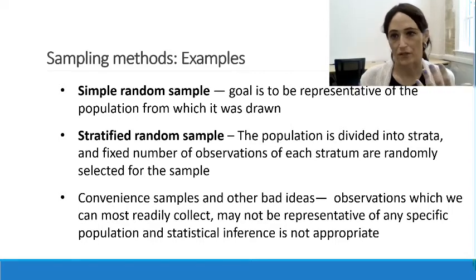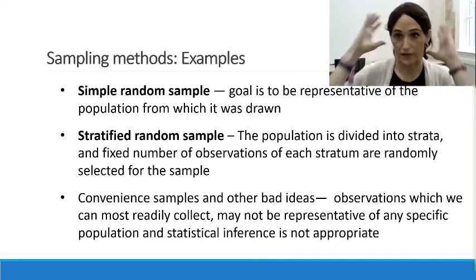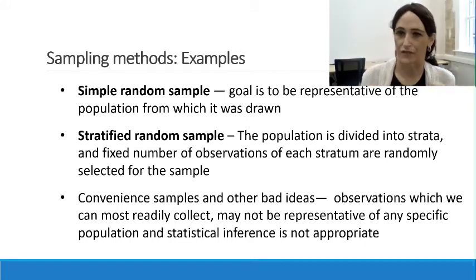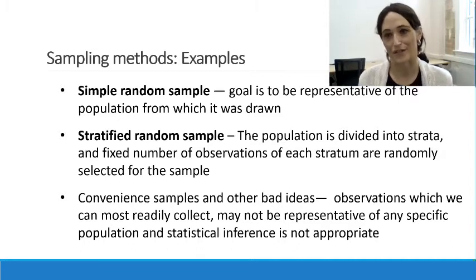If there's a population that's relatively small relative to the whole, we may not have enough participants in that subpopulation if we don't stratify first. That would be one reason to do it. There could also be other reasons why we might stratify, but those are the two main ways in which we go about sampling. I won't go into all the bad ways we can do sampling, but convenience samples are an example of a really bad way to do a research study.